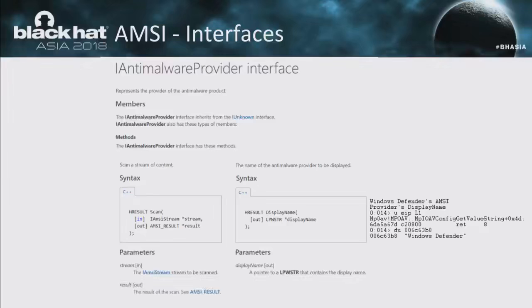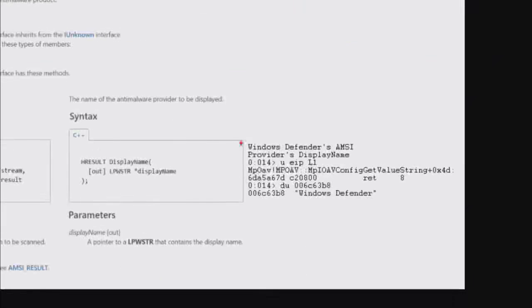The anti-malware provider is the object that the anti-malware needs to provide the operating system in order to process scans. It needs to export two functions: a scan function, which makes sense, and a display name function, which I haven't figured out what it's used for, but it's there. I forced Windows Defender's AMSI provider to call its own display name function, and the name was Windows Defender, big surprise.